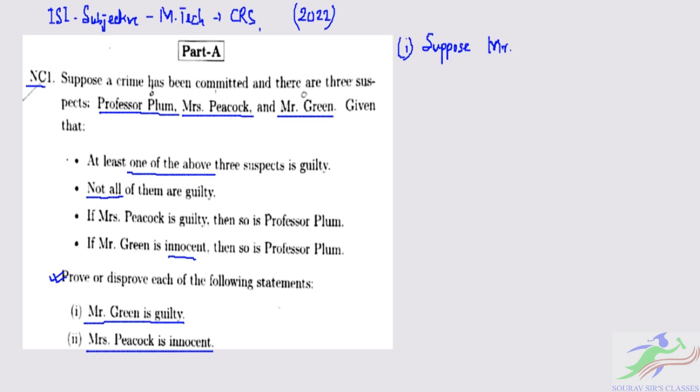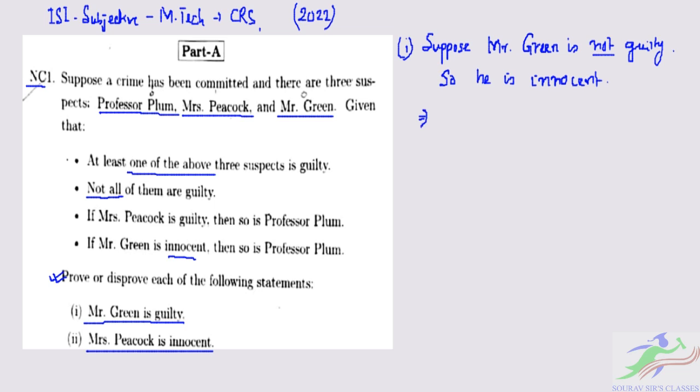Mr. Green is not guilty. Suppose not guilty. Okay, so he is innocent, right?